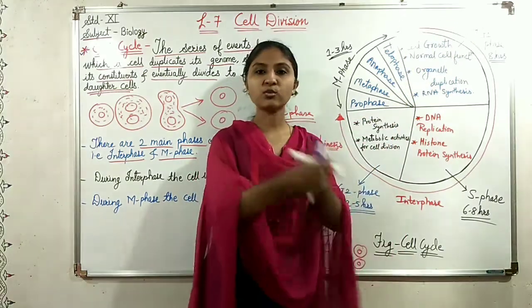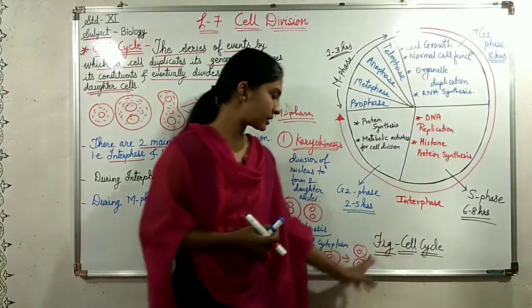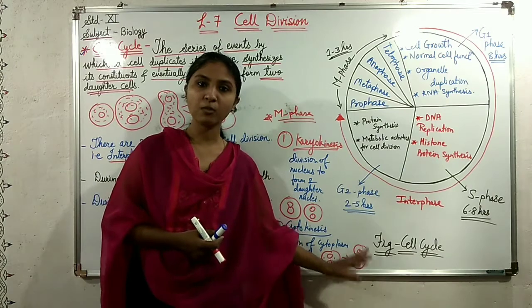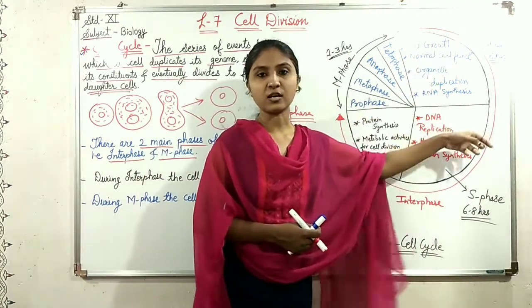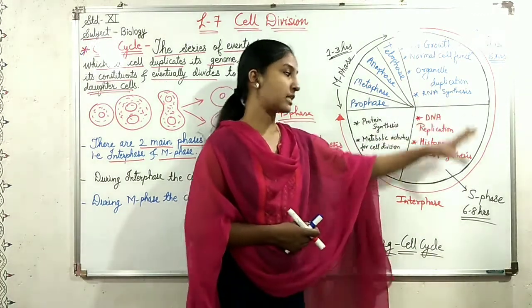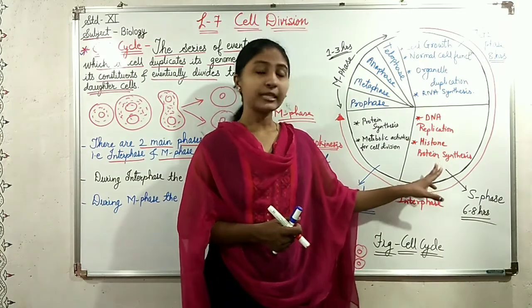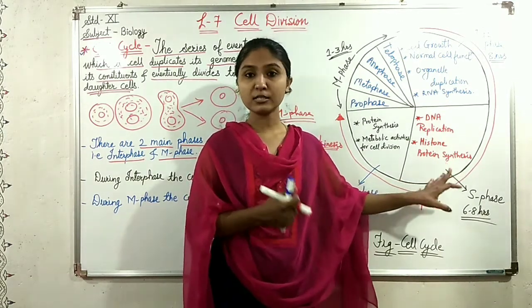It occurs as soon as the cell divides and a new cell is formed. The cell starts undergoing the G1 stage. The second phase is the S phase, called the synthesis phase.